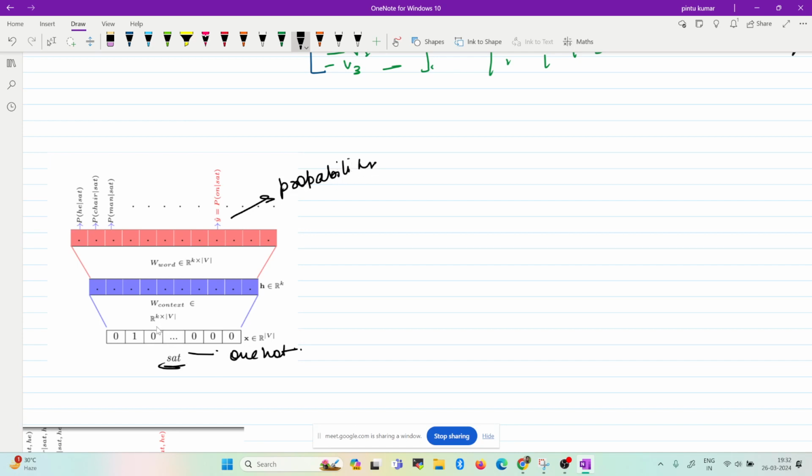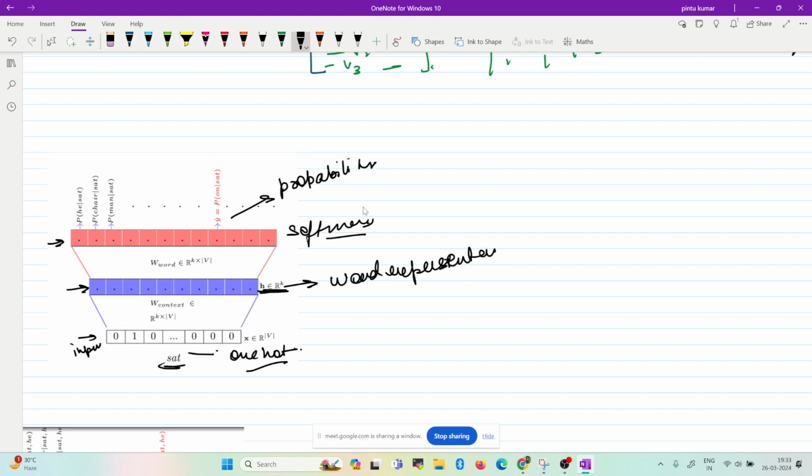So this is a very simple neural network where you have, let's say, an input layer, then one hidden layer, H, and then an output layer with softmax activation. Remember, from the perspective of a neural network, you have a one hot representation as input, then an intermediate layer, then an output layer with softmax. This intermediate layer you can see as a word representation, and you might use it for other tasks also.